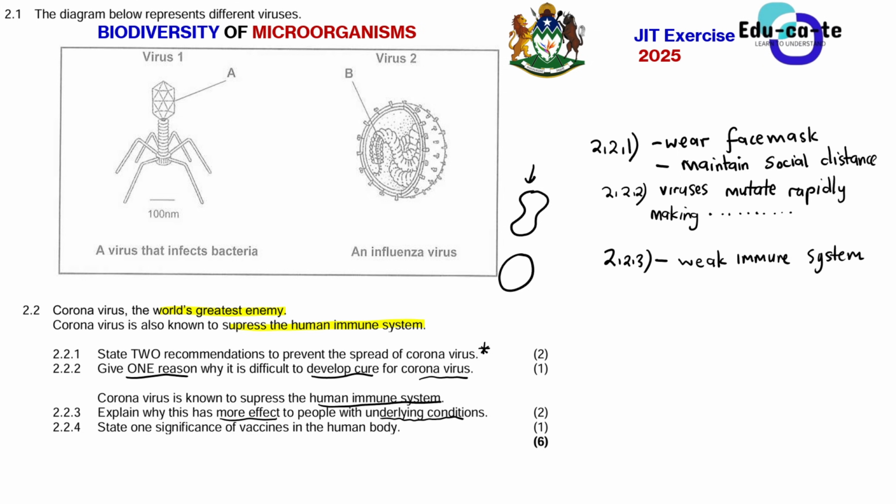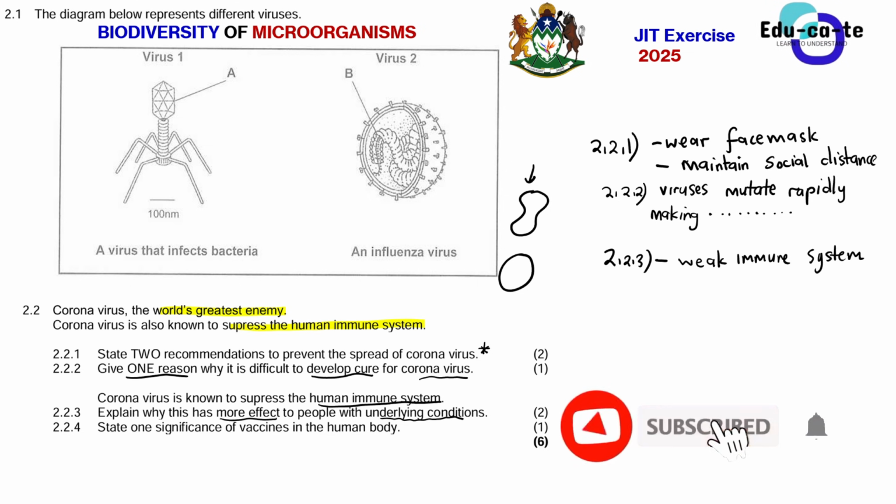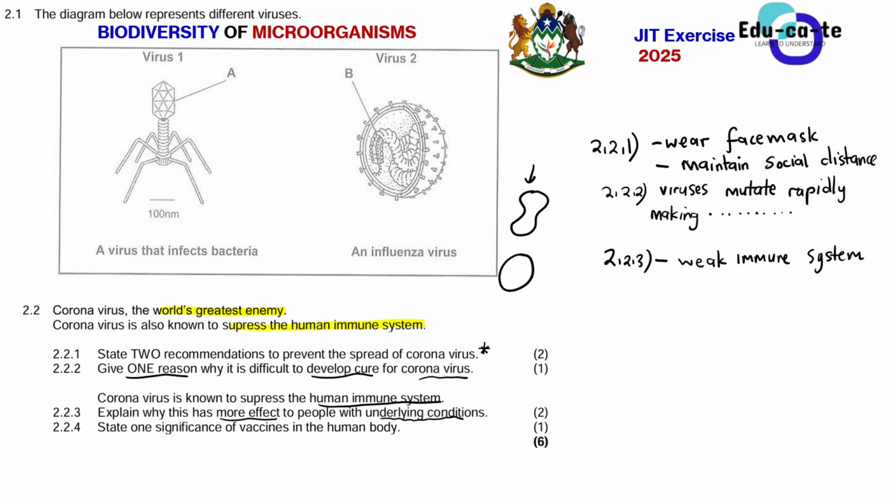Okay, it will try to fight the virus. But the person with underlying conditions already has a weak immune system. So the moment the coronavirus comes and suppresses their immune system, that person will be the weakest. They have a risk even of a fatality as well. That's why COVID-19 was also a fatal virus for that reason.